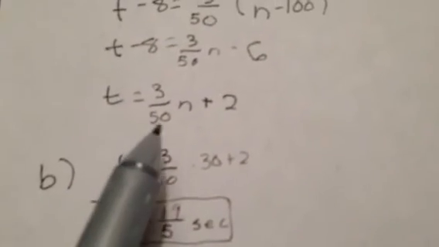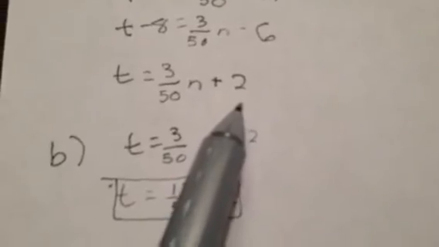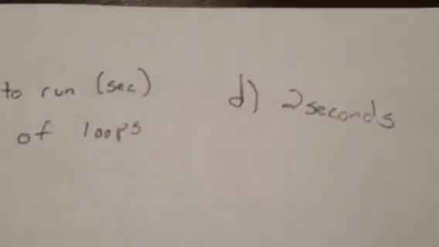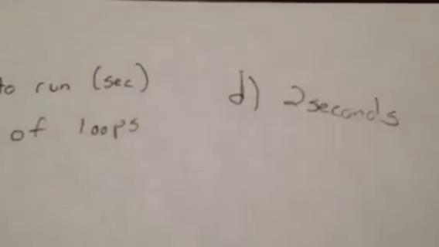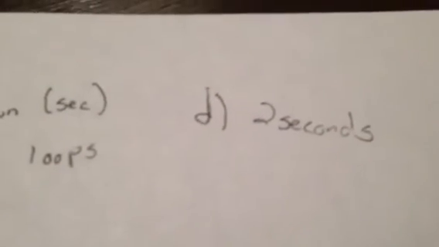Well, if you go ahead and look, when the number of loops is 0, it still would take 2 seconds. So, the program itself, without the loops, would be 2 seconds. Now, the t-intercept tells you that.